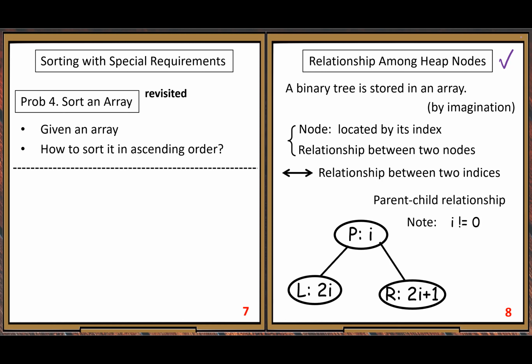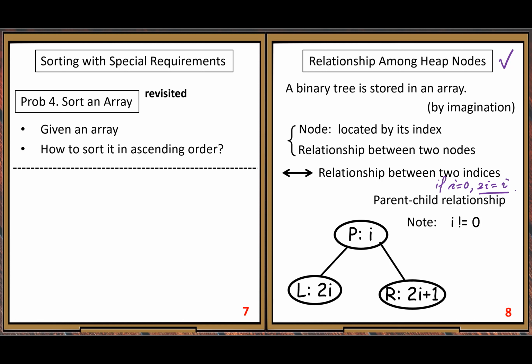If I equals 0, then 2I equals I, so its left child, 2I, has the same location as its parent node.